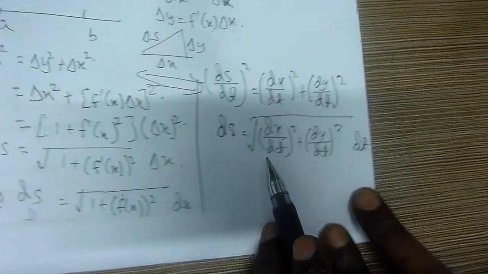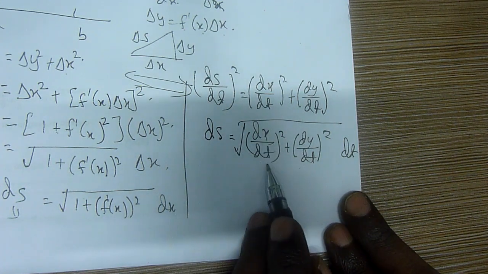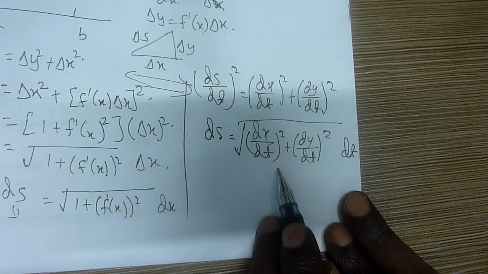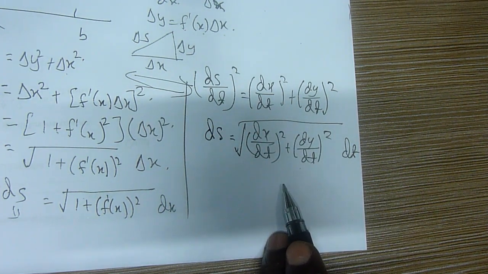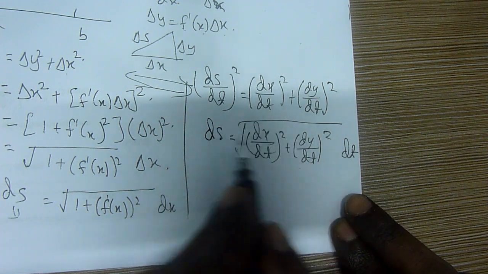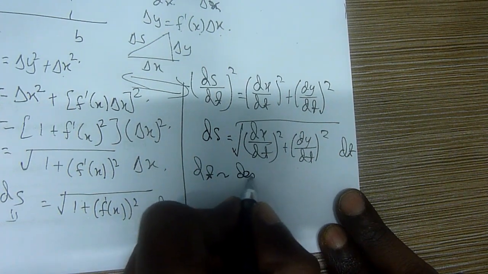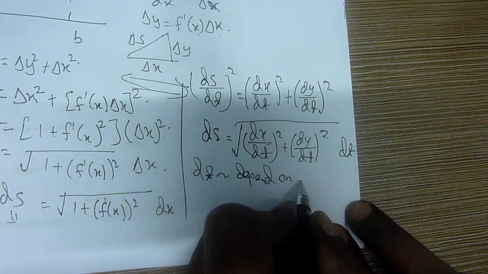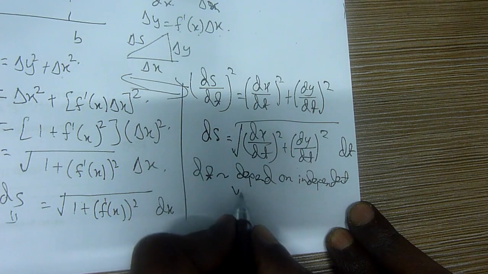From here also, if dt depends on an independent variable, then ds depends on dt. From here you can calculate the rest of the measurements based on the dependence. If I wanted to change it to dx, again, this depends on an independent variable.